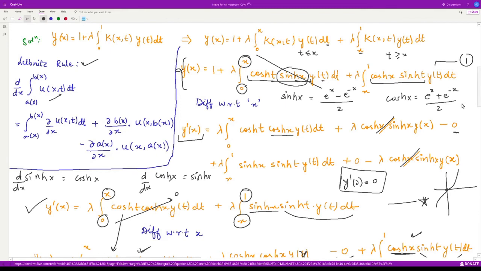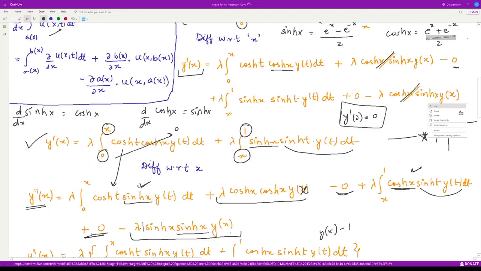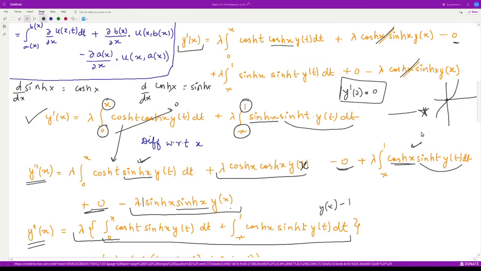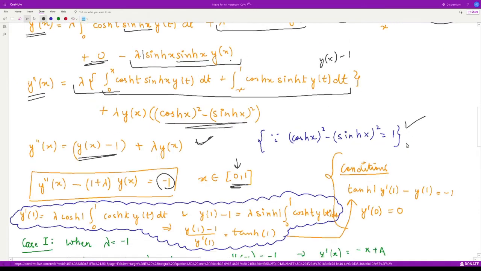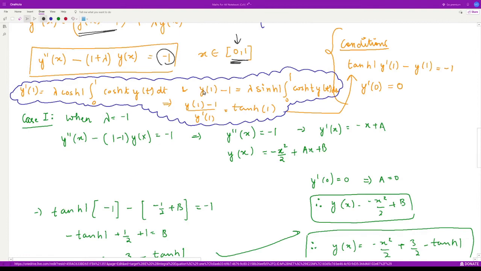So let me write it down for you. So two conditions are there. One is y of 1, in the first case we have y(1) is equal to 1 plus lambda, something like this, and in the second case we have y dash 1 is equal to this.